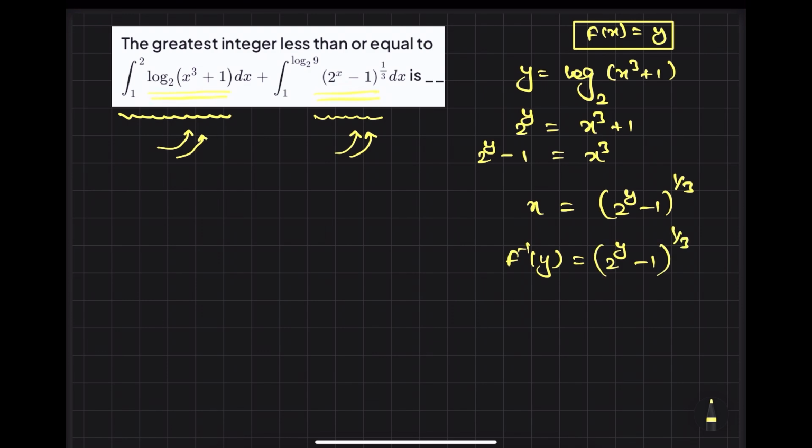So we want to find out the f inverse of f of x, so we should get a function in x, na? But this time the function is in y. So can I replace y with x? So we will have f inverse x equals (2 power x minus 1) power 1 by 3.